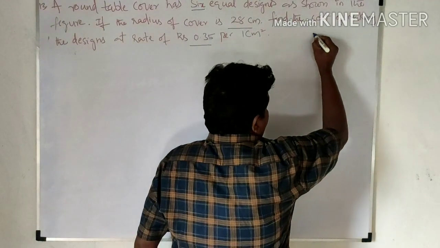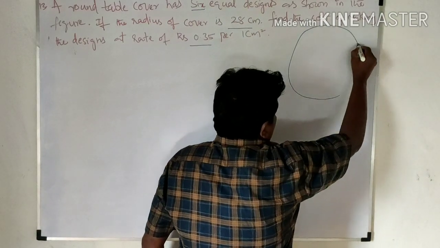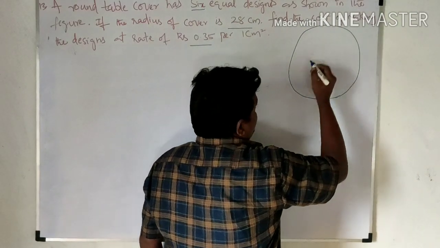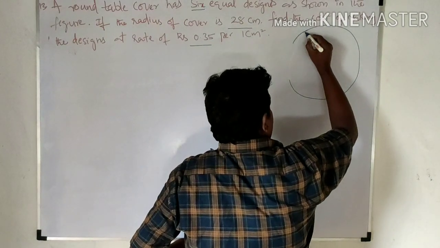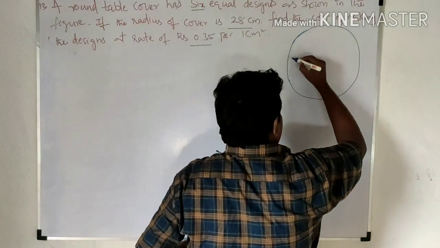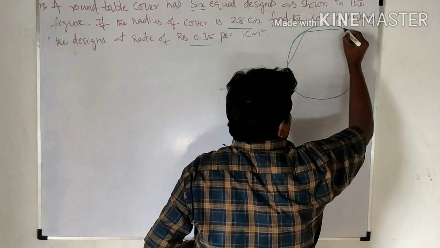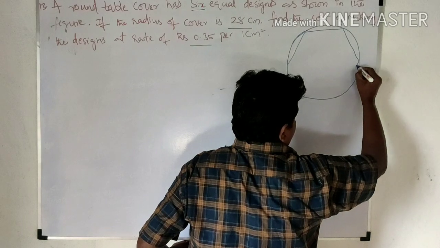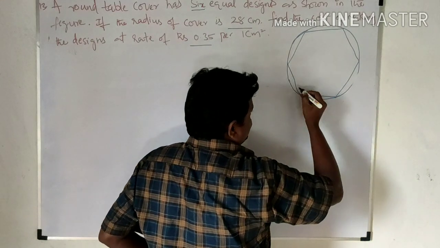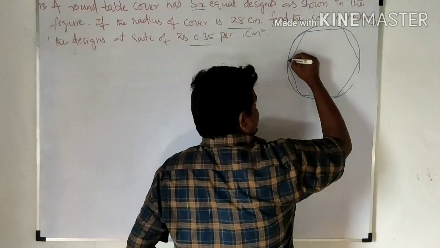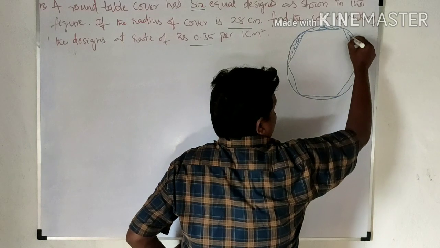So there is a table cover in the shape of a circle, and this table cover has 6 designs. 1, 2, 3, 4, 5, 6.